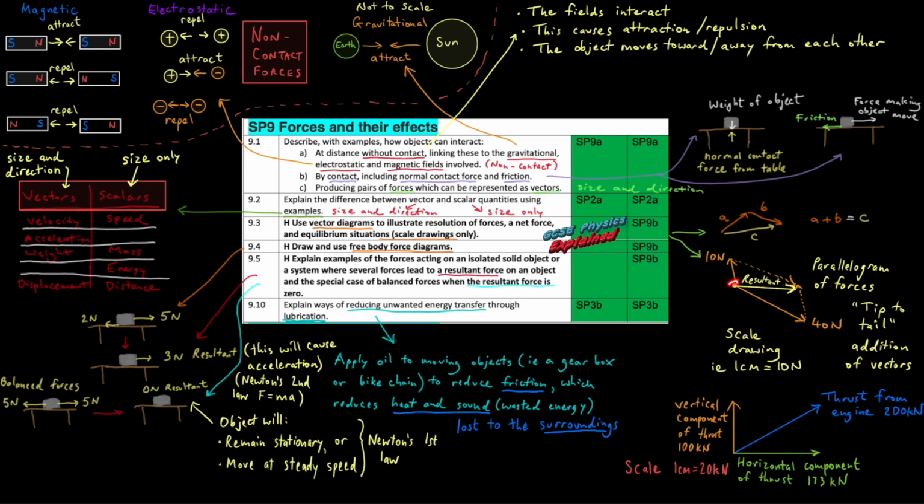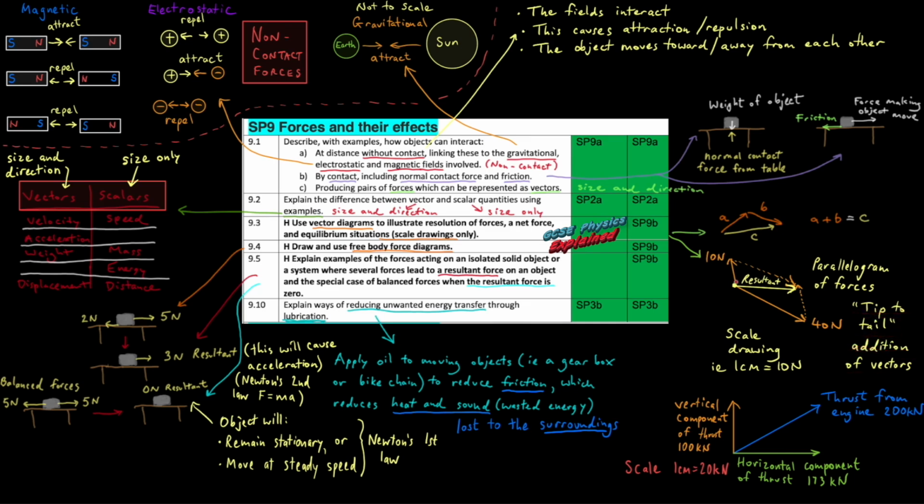So just say you've got this object here, and the examiner tells you there's 10 newtons of force up and there's 40 newtons of force down. With a scale of 1 centimetre for 10 newtons, what you need to do is draw a parallelogram of forces, or we use the tip-to-tail addition of vectors.